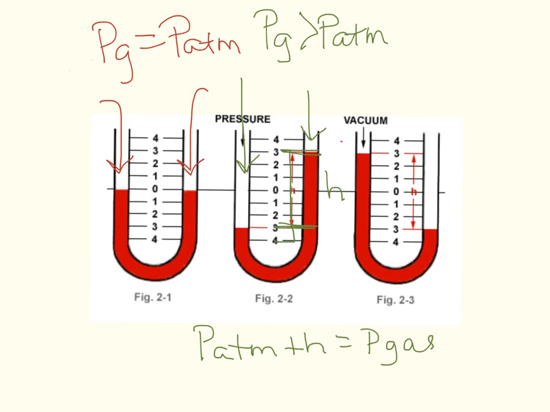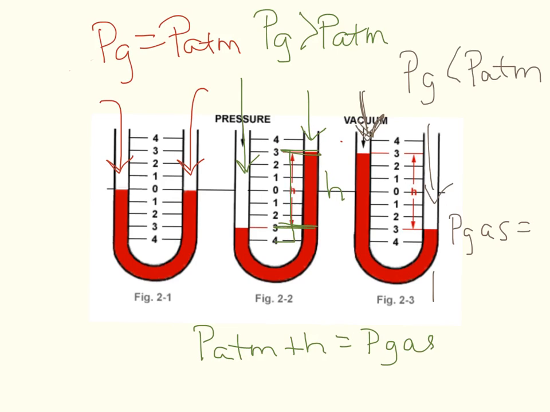In the third manometer tube, the pressure of the gas is less than the pressure of the atmosphere. The atmosphere is pushing harder than the gas. To find the pressure of the gas, you have to take the pressure of the atmosphere minus H.